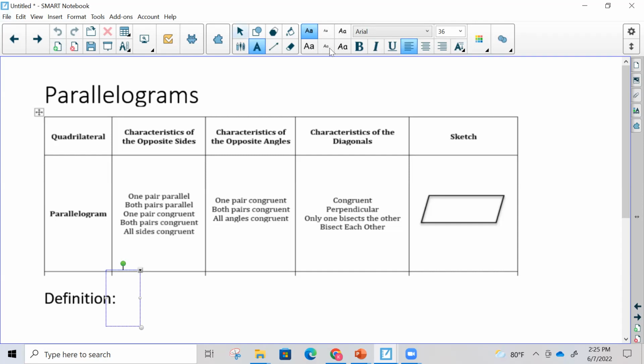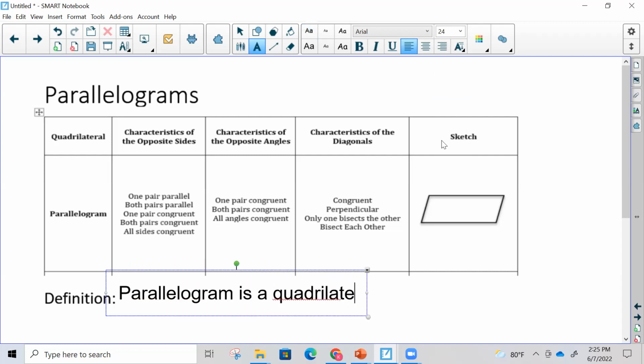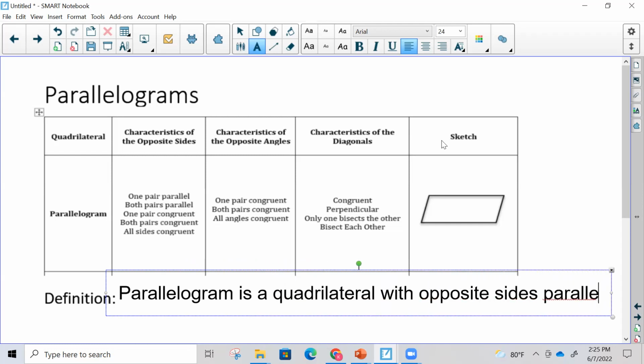This definition part is not in your packet, but you may want to write it down somewhere. A parallelogram is a quadrilateral with opposite sides parallel. That's the definition. There are a few other characteristics that we know about parallelograms.